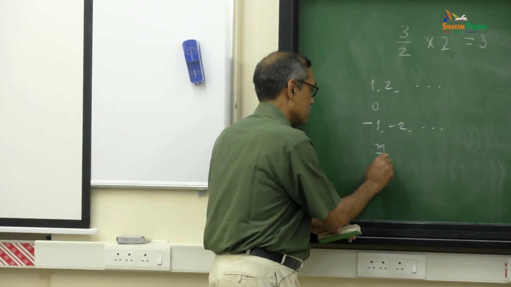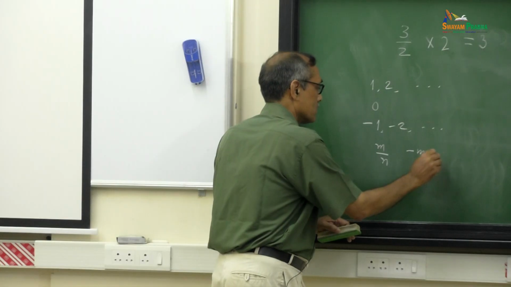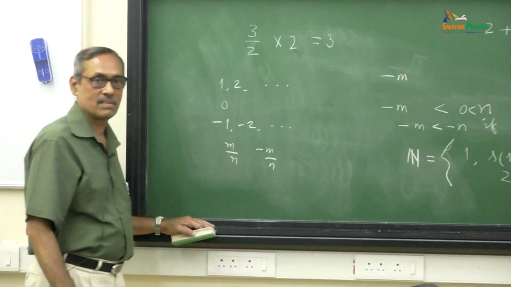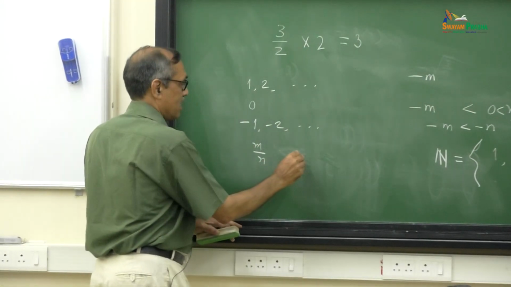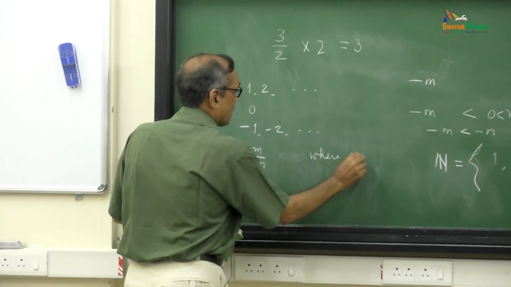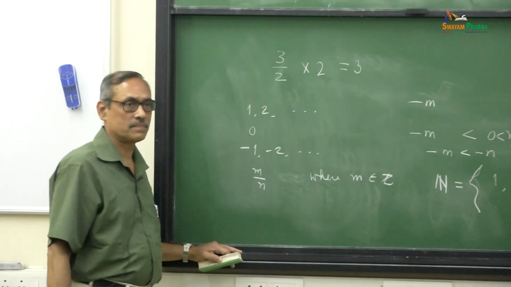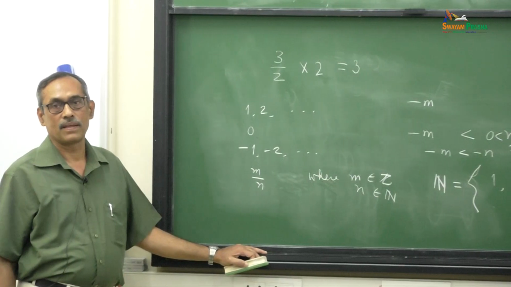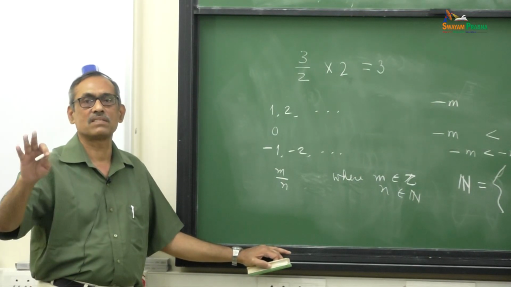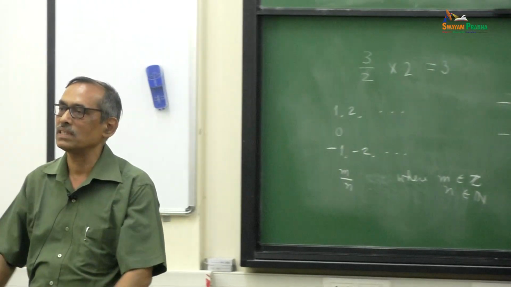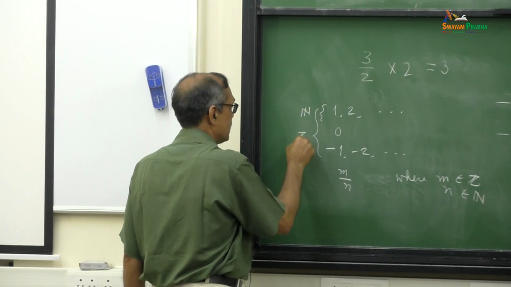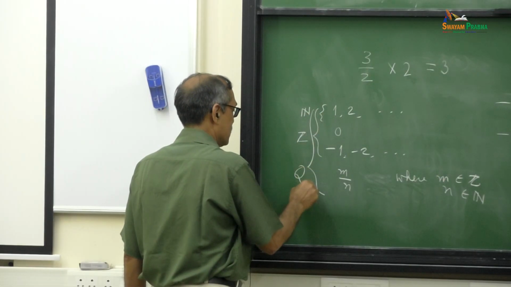This kind of symbol, m by n, where m is an integer, and zero is already there, so m can be 0 also, and n is a natural number. We are just putting those symbols inside that set, and it is a bigger set now. This set we call natural numbers, this set integers, and now this set rational numbers.